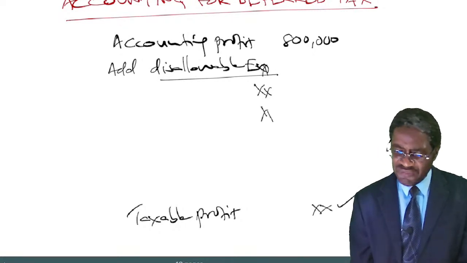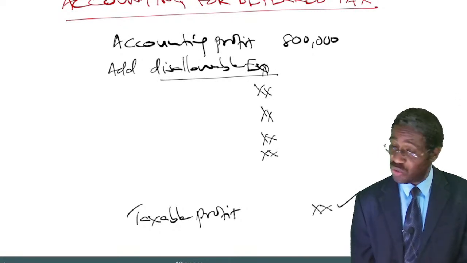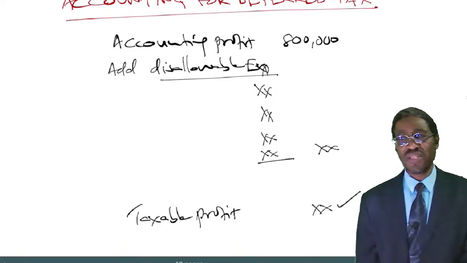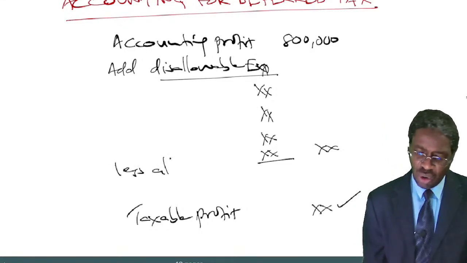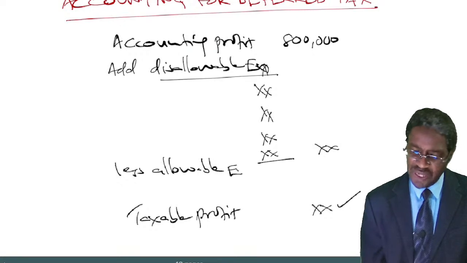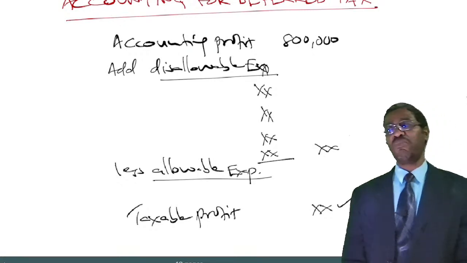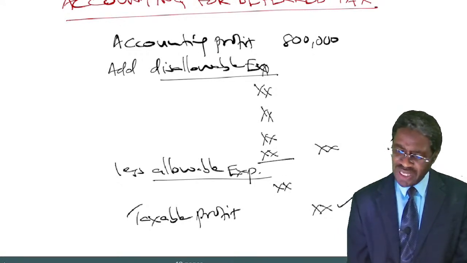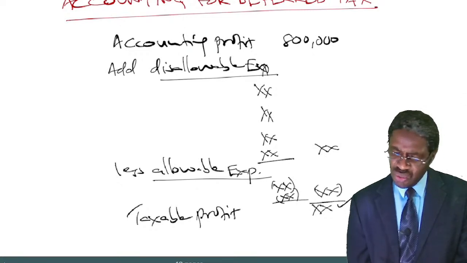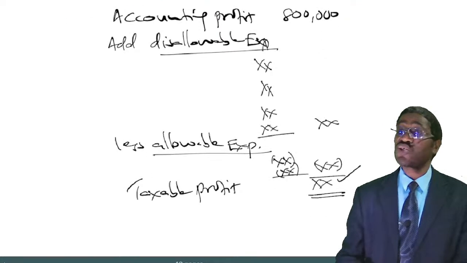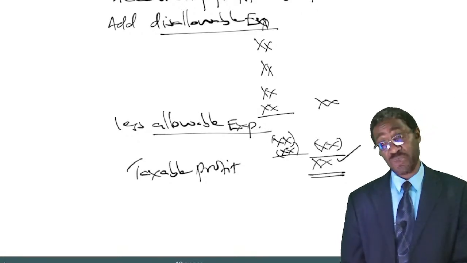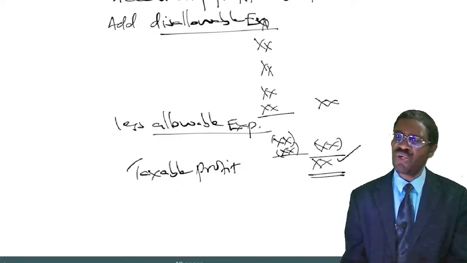Once you identify the disallowable expenses, you get the net of all of them. Then you minus what we call allowable expenses, whatever they are. That leaves you with the profit on which tax should be based for tax purposes. So that's generally how we normally compute.